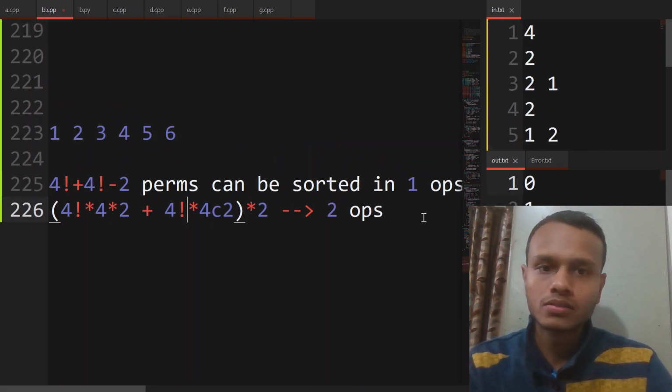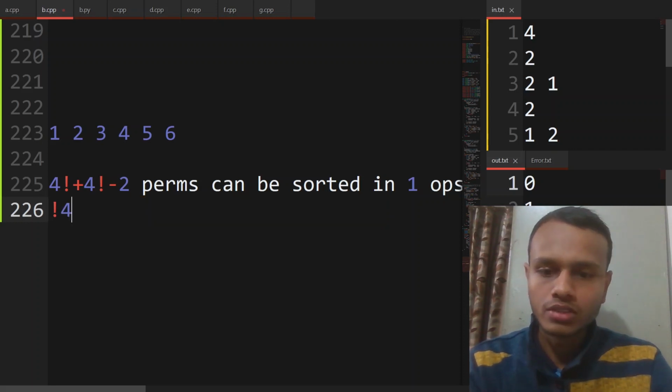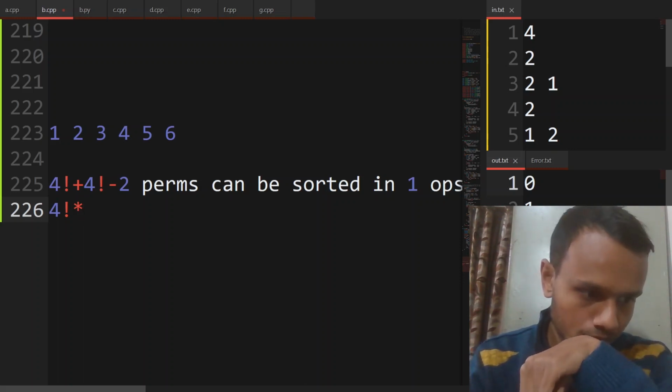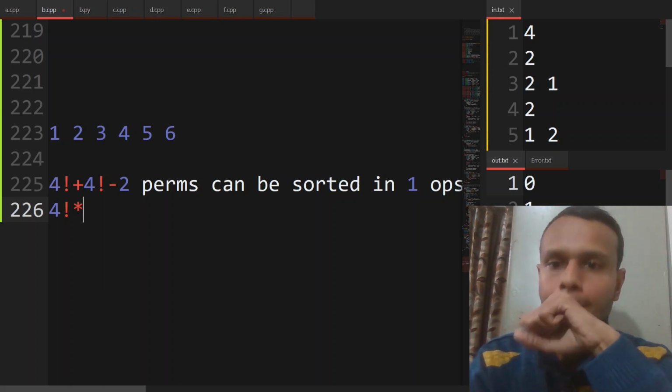Yeah, let's write it again. So factorial 4 is there, but one cannot go missing, right? Because we are performing the first operation on the prefix.